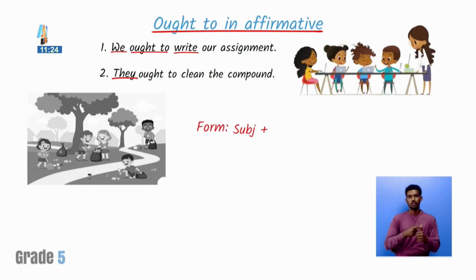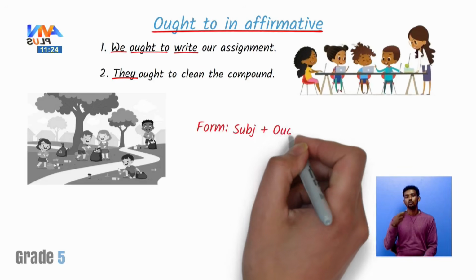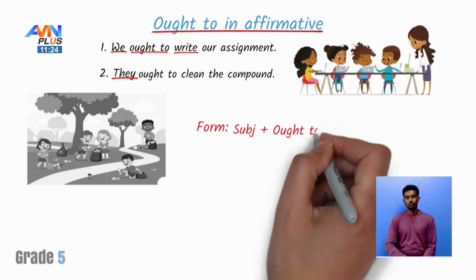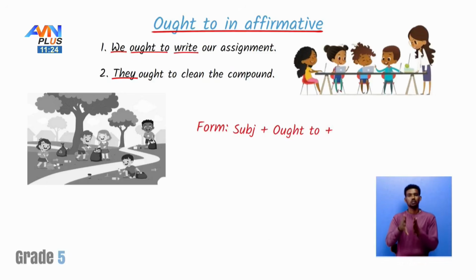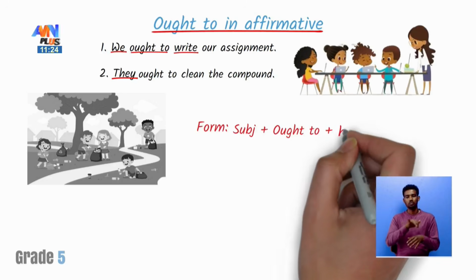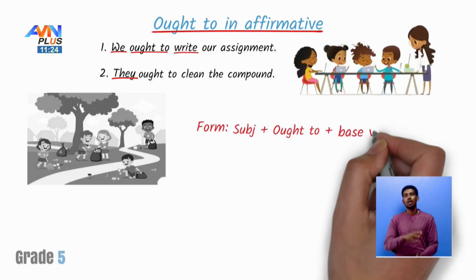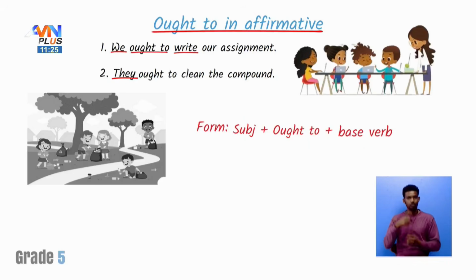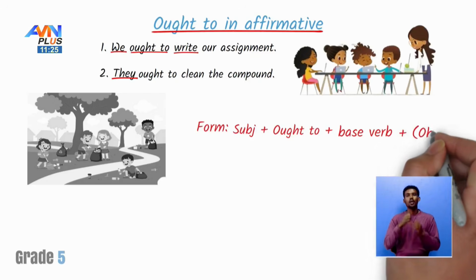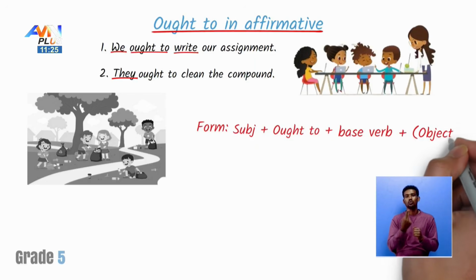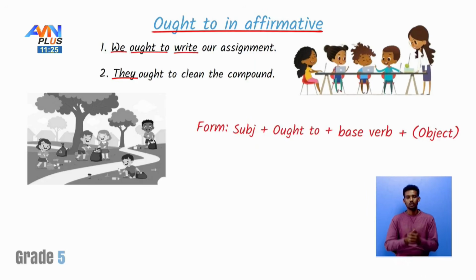What about the next point here? Plus ought to. Ought to plus verb 1 or base verb. And if necessary as an option, we can use an object or complement. Any complement can be used to make it more clear for the listener.